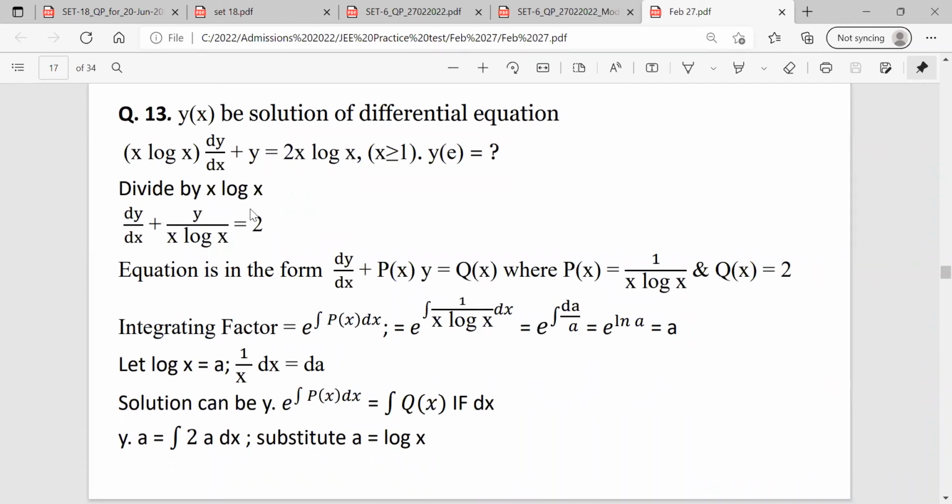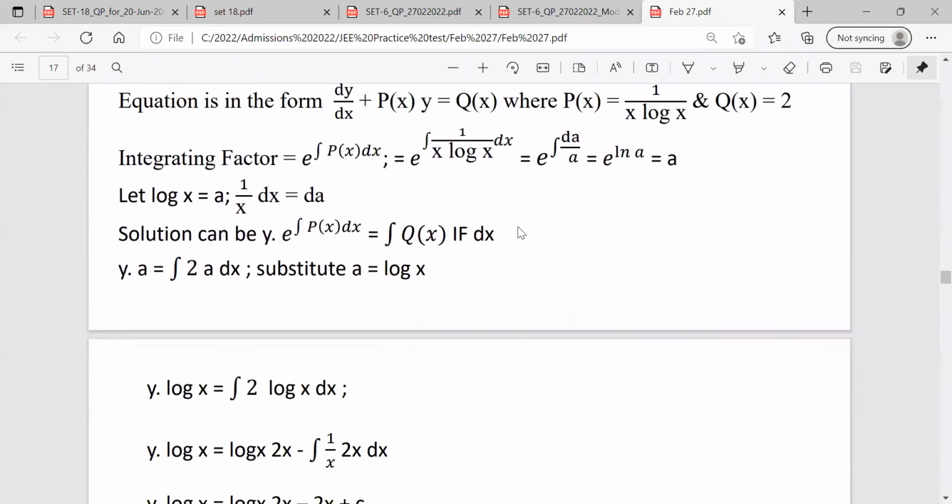The general equation is of the form dy by dx plus p of x times y equals q of x. Here we have p of x equal to 1 by x log x and q of x equal to 2. Now we have to find the integrating factor. The integrating factor is e raised to the integral of p of x dx. So we have e raised to the integral of 1 by (x log x) dx.